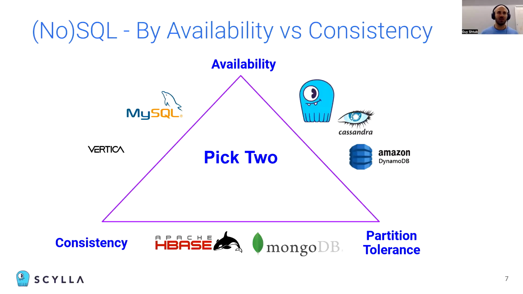Okay, so I'll get started with NoSQL and Scylla. Most of you are familiar with NoSQL, so I won't talk too much about it. What we see here is the CAP theorem. Generally, in NoSQL databases, the schema is more flexible, they're easier to scale, and in most cases, they're distributed.